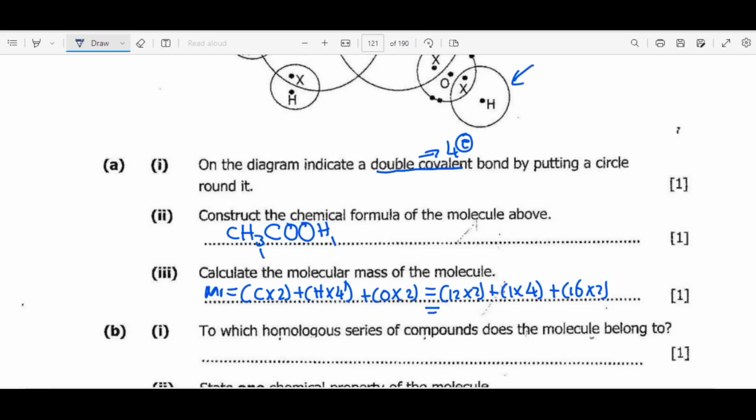So here we have 24 plus 4 plus 32. If we add 24 plus 4 plus 32, I'm getting 60.